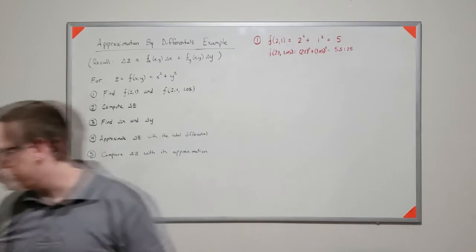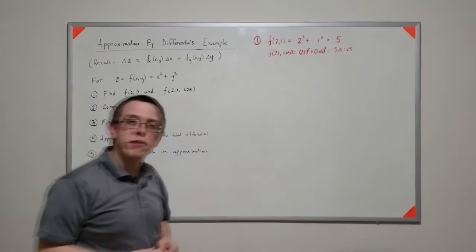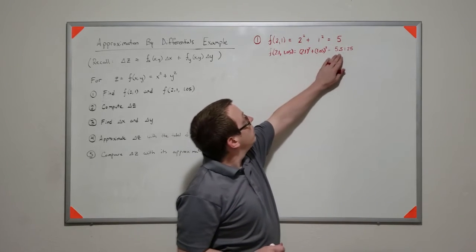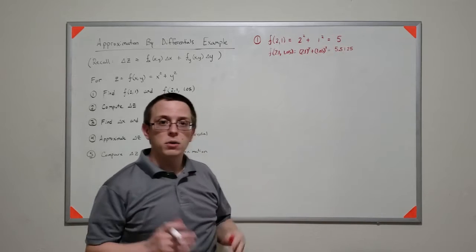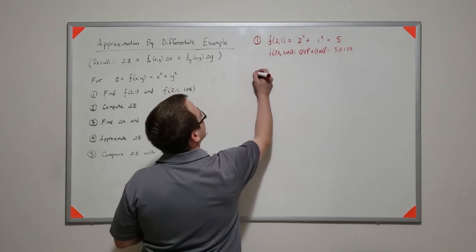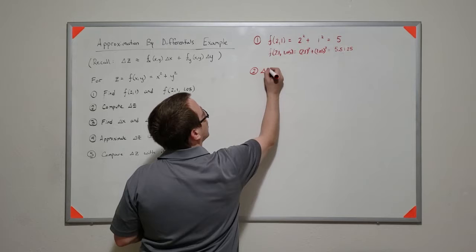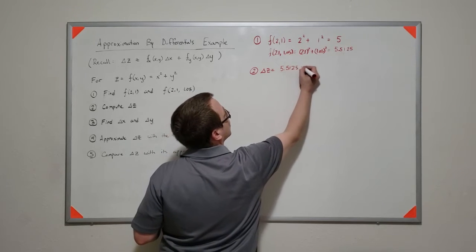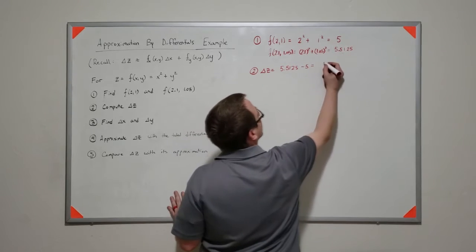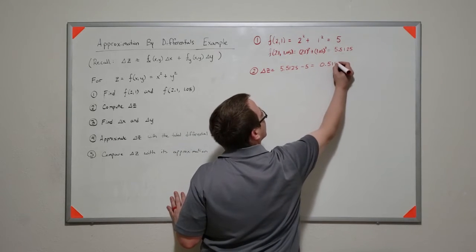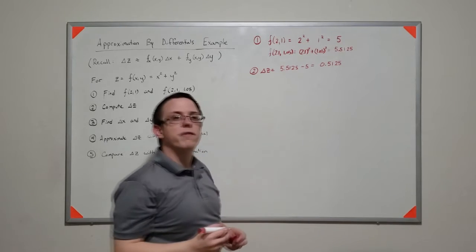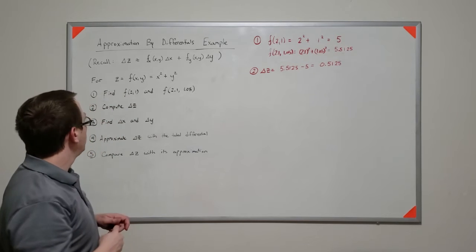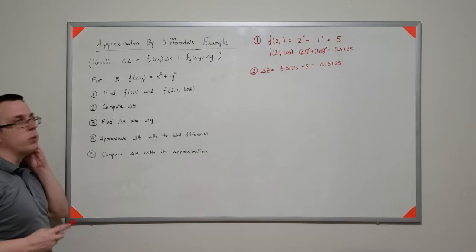Let me check my notes here. Yeah, 5.5125, sorry. So that's the difference, the change in z, which we'll be able to figure out pretty easily: 0.5125. So that's our change.